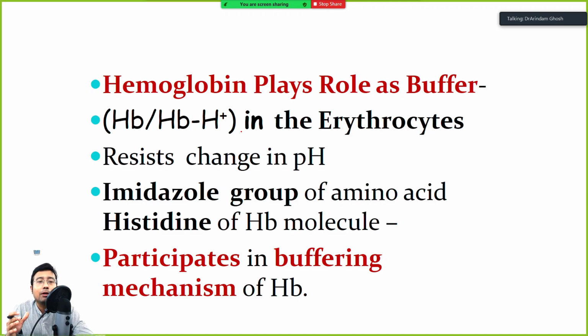So what a buffer is shouldn't be a problem for you to understand. Just remember, for anything to be a buffer, it needs to be in both its salt form and its acid form, right? So hemoglobin, since it has histidine, that imidazole ring of the amino acid can participate in the buffering mechanism. Just remember how hemoglobin acts as a buffer due to the presence of the imidazole group of the amino acid histidine.